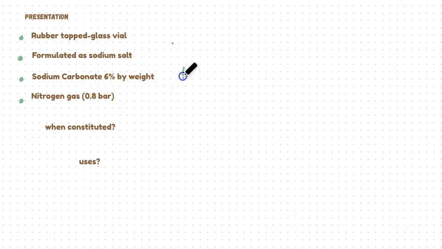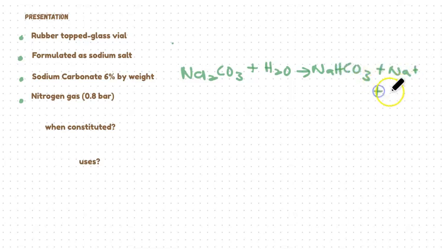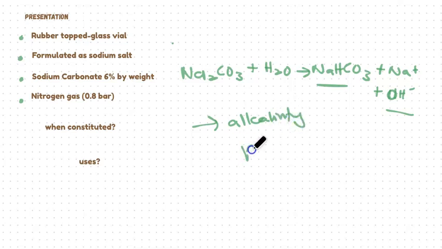This is particularly important because sodium carbonate, when we constitute it with water, will give us sodium bicarbonate plus sodium ion plus OH. This bicarbonate and hydroxide ion will confer alkalinity on the solution, at an astounding pH of 10.6.